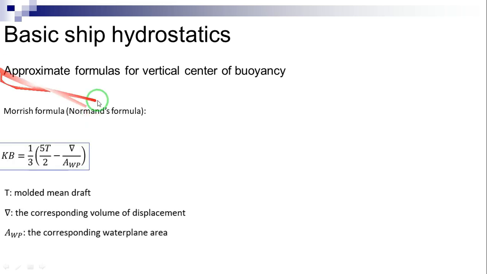For instance, the Morrish formula, also known as Normand's formula, gives this expression. T here is the molded mean draft, nabla is the corresponding volume of displacement, and AWP is the corresponding waterplane area, all in a consistent system of units. The formula is shown to give good results for vessels with ordinary forms.